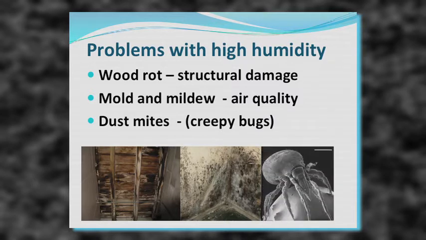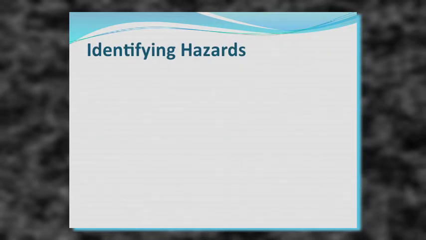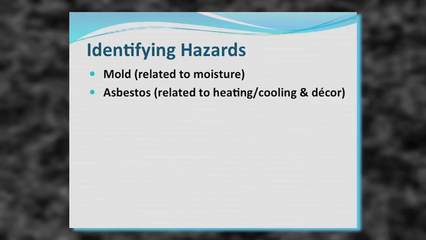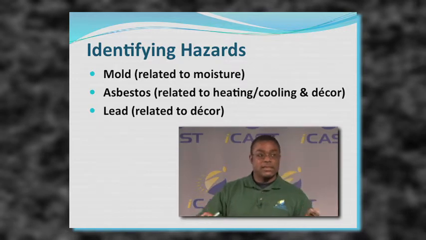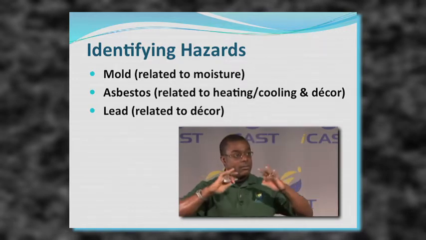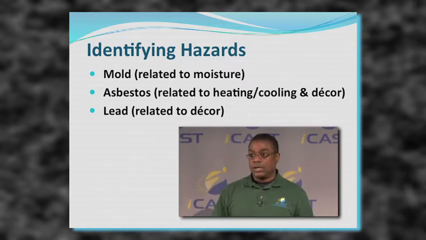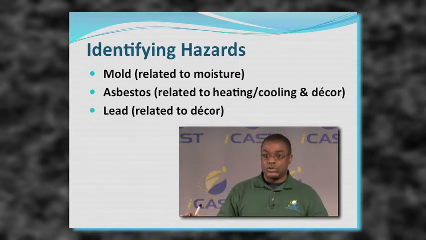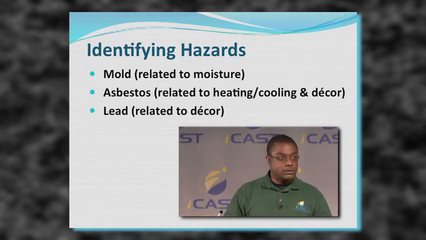Let's talk about identifying hazards. We have mold, we have asbestos, and we have lead. Those are our three major ones. Now understand that we are building analysts, energy efficiency experts, energy efficiency auditors.